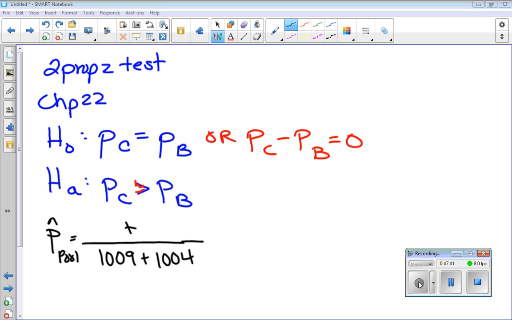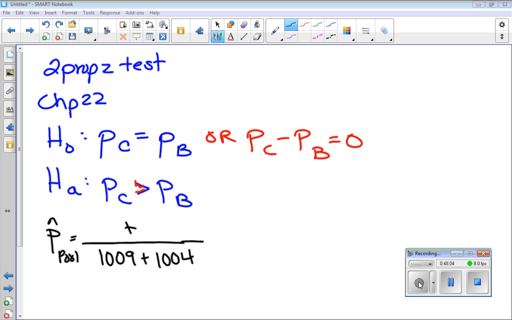Now, because the question gave us percentages, 86% and 81%, we had to actually find 86% of 1004 and find 81% of 1009. And those are not exact numbers. So we had to kind of round or truncate and give me a whole number here. That was another common mistake.